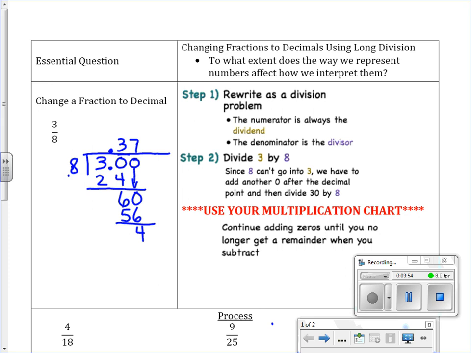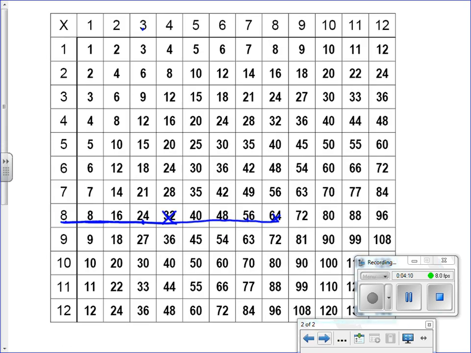This isn't cleared out at the bottom yet, so I'm going to add another 0. And that 0 comes down. You might know already what number should go up there, but let's go and double check. Let's see. Clear this out so we have some clean space to look at. 8, and I'm going to go over.